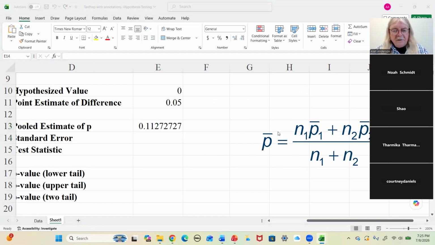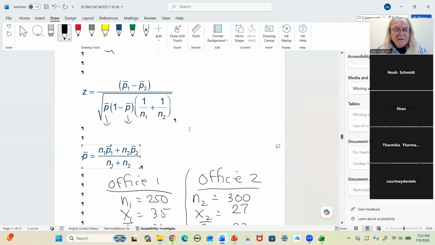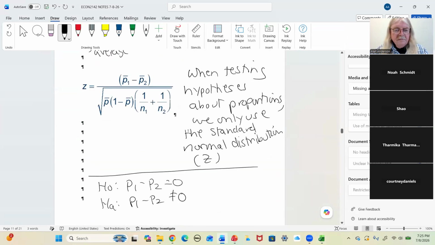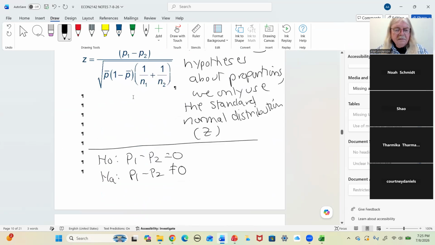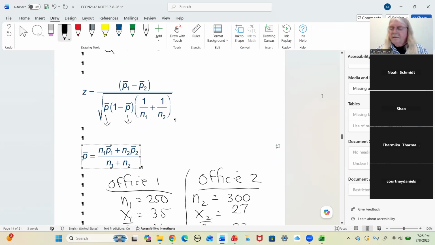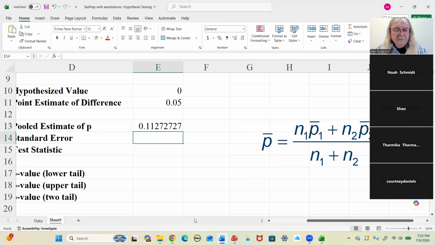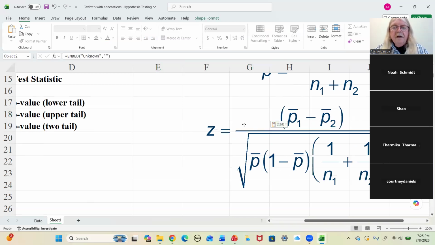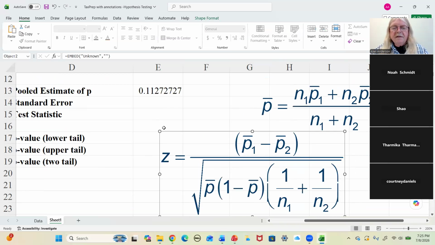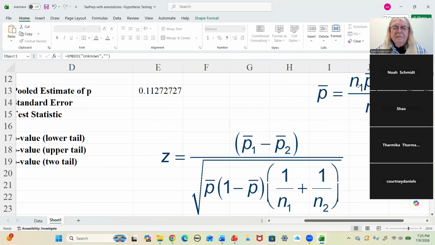Now, standard error was another nightmarish formula. This one. Let me just copy this. When they say standard error, they mean the denominator here.